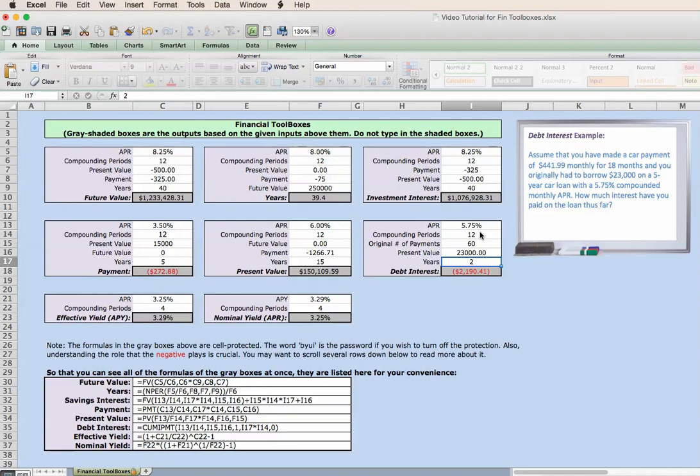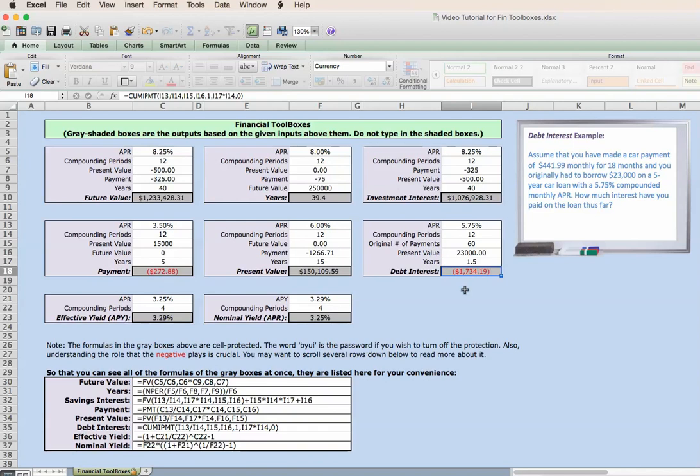But we have been doing this for 18 long months of $441 a month, so I'm going to convert 18 months to 1.5 years. And there you go, $1,734 is what you would be considering to be interest out of your payments over those 18 months, or in other words, 1.5 years.